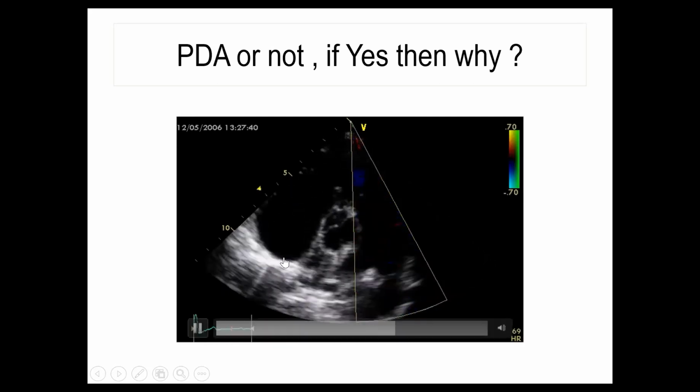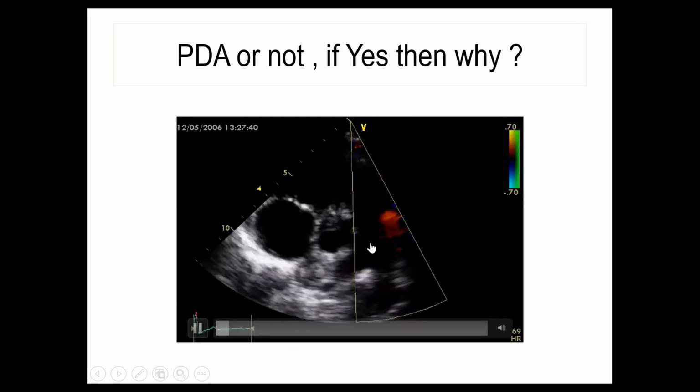So when we see the short axis view, the PDA is present, but you cannot see any reversal of flow with every systolic contraction of LV in this particular view. Why? Because RV pressure is more than LV pressure. So it drives blood from the RV to the descending aorta rather than a reversal of flow.